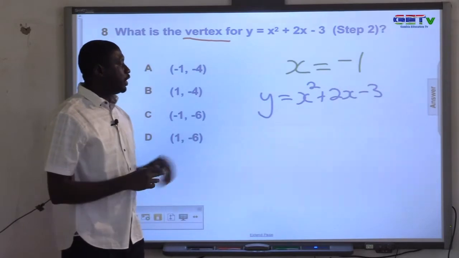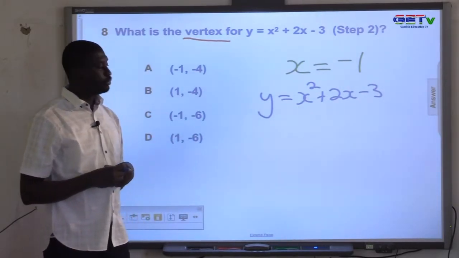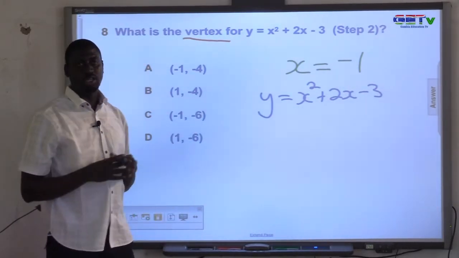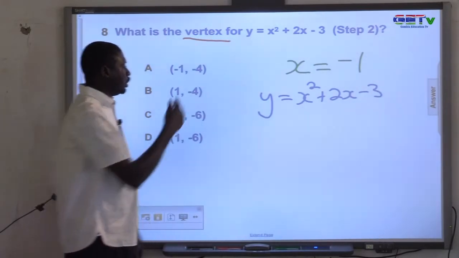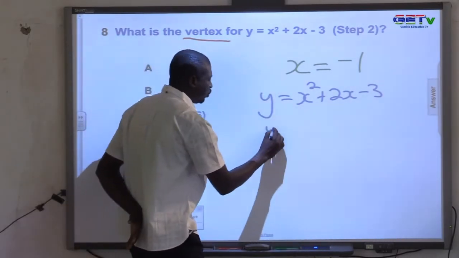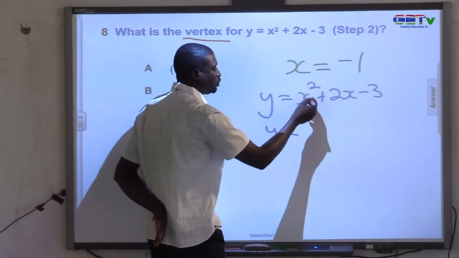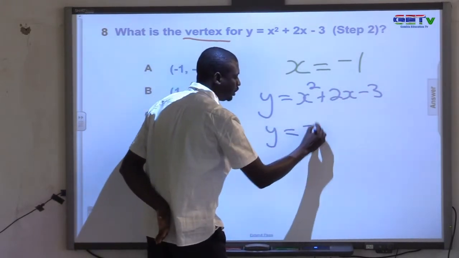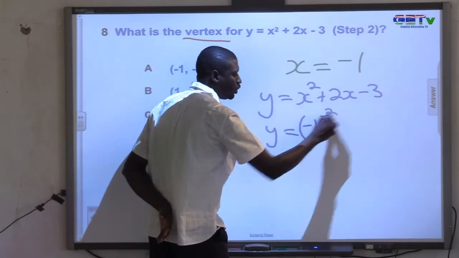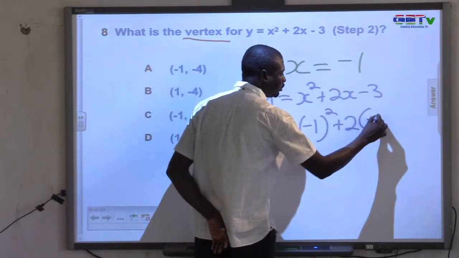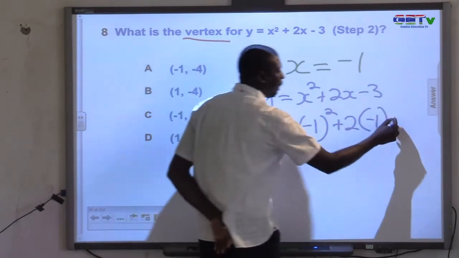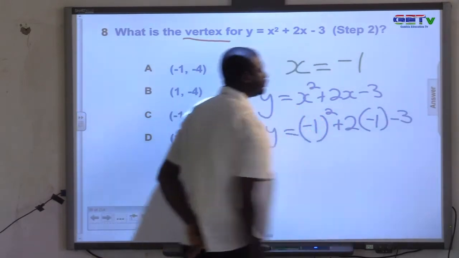If we substitute negative 1 in place of x, we are going to get the y coordinate, the point that we are looking for. So y is equal to negative 1 squared plus 2 in brackets negative 1, minus 3.